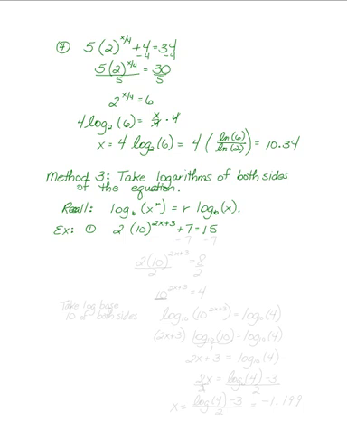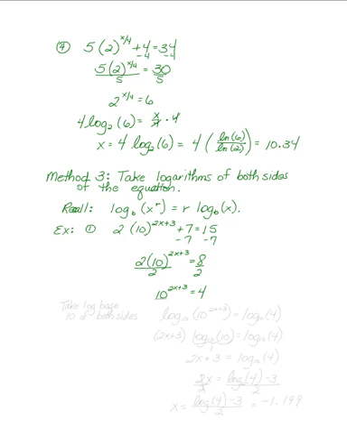So I'm going to subtract 7 from both sides of my equation. I'm going to get 2 times 10 to the 2x plus 3 power equal to 8. Next step, we would divide both sides by 2. So I'll get 10 to the 2x plus 3 power equal to 4.